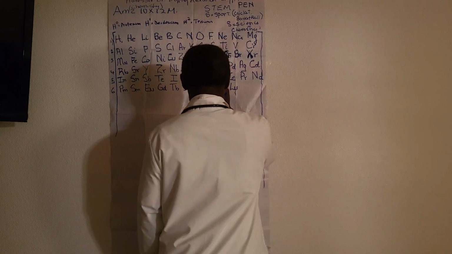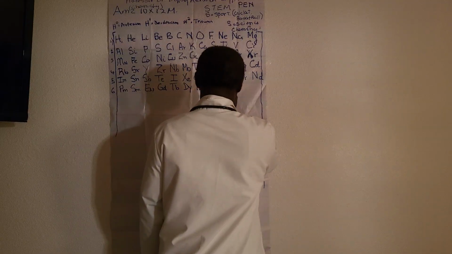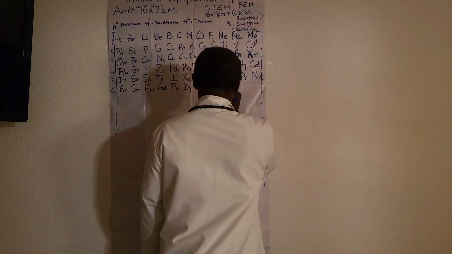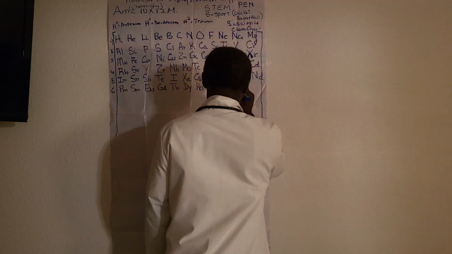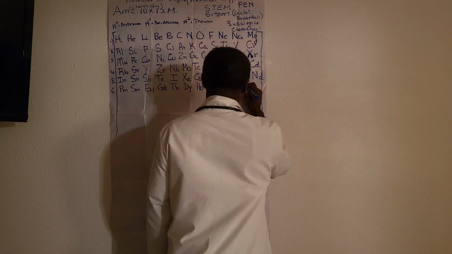Erbium, 68. 69 now would be thulium. 70 would be YB. 71 would be lutetium, and 72 hafnium.